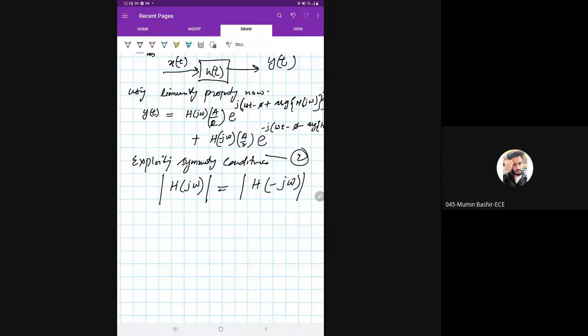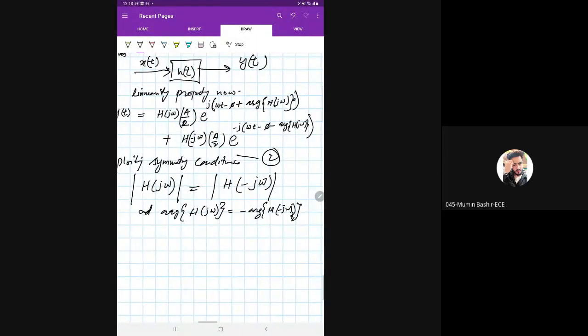Then we will write down that the argument of H of minus j omega will be equal to minus argument of H of j omega. Because the first term will give us the amplitude spectrum.